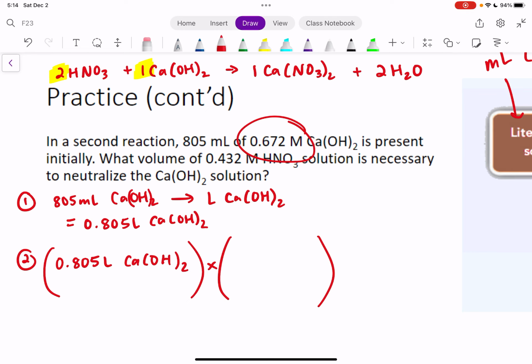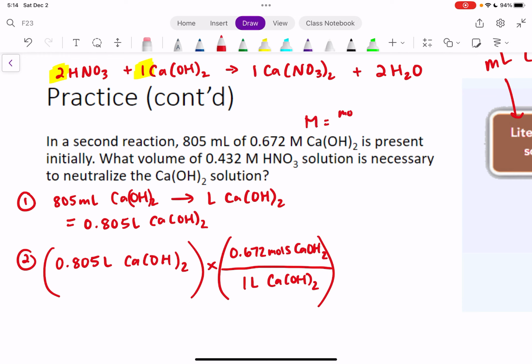So 0.672 moles go on the top, moles of Ca(OH)2 specifically, and in that many moles, there is 1 liter of Ca(OH)2. That's how we break up that molarity. Remember, M equals moles per liter.